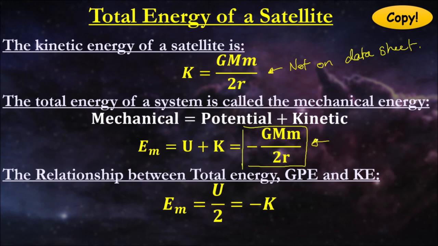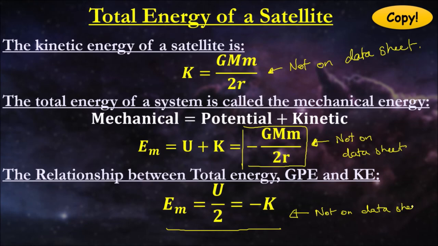It's on your syllabus, but it's not on your data sheet either. So you will also need to remember how to derive this, or at the very least what the formula for it is. And obviously this relationship between total energy, gravitational potential energy, and kinetic energy is not on the data sheet either. So you will also need to remember this relationship, or at the very least know how to derive it.